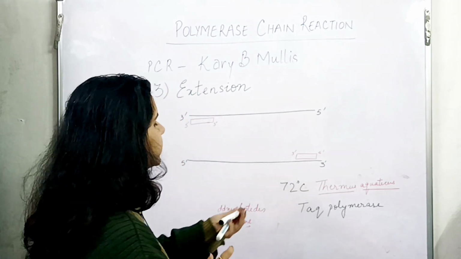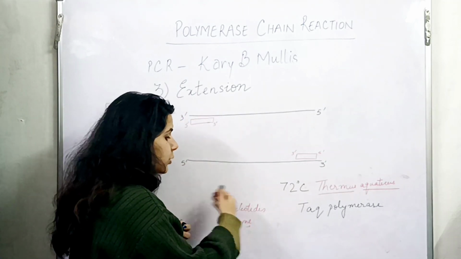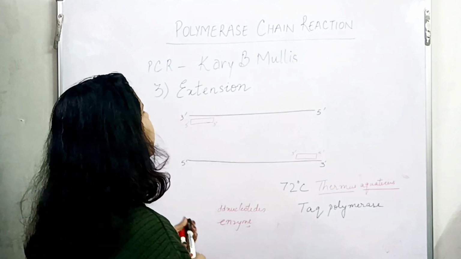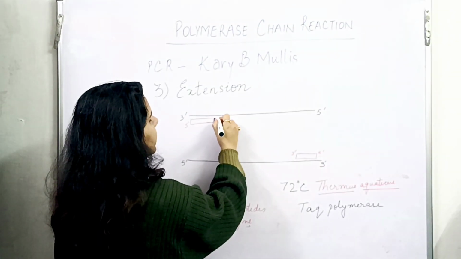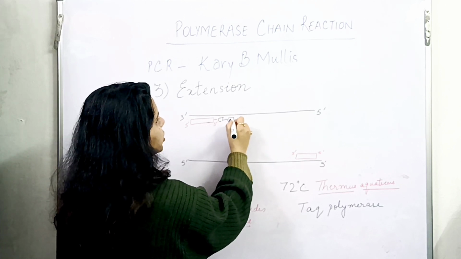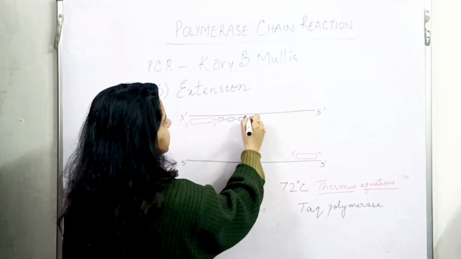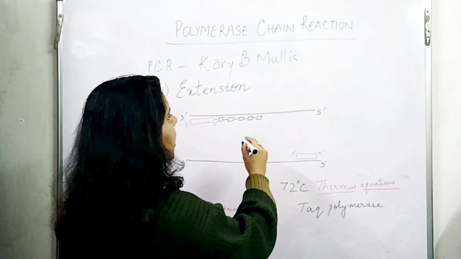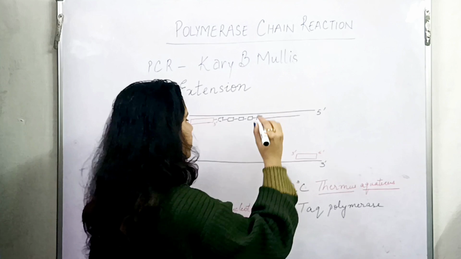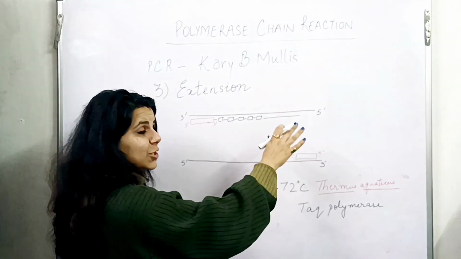So now when we have this enzyme and these nucleotides with us, these nucleotides will come and attach to the 3' end of this RNA primer, and this is how the new DNA chain grows.